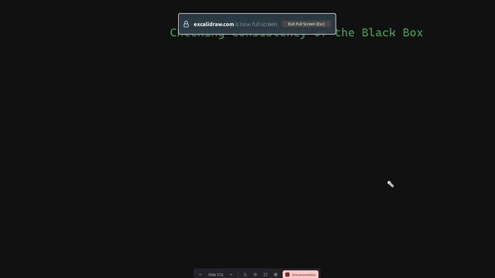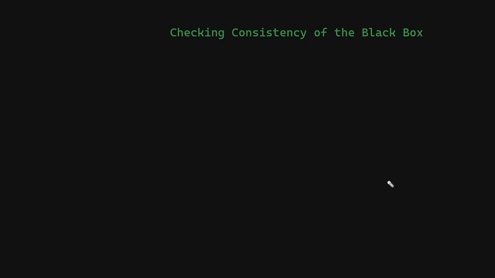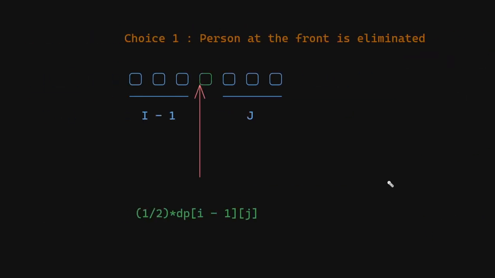So how do we verify the consistency? By looking at other methods, right? So one is of course ensuring that dp of ij is less than or equal to 1.